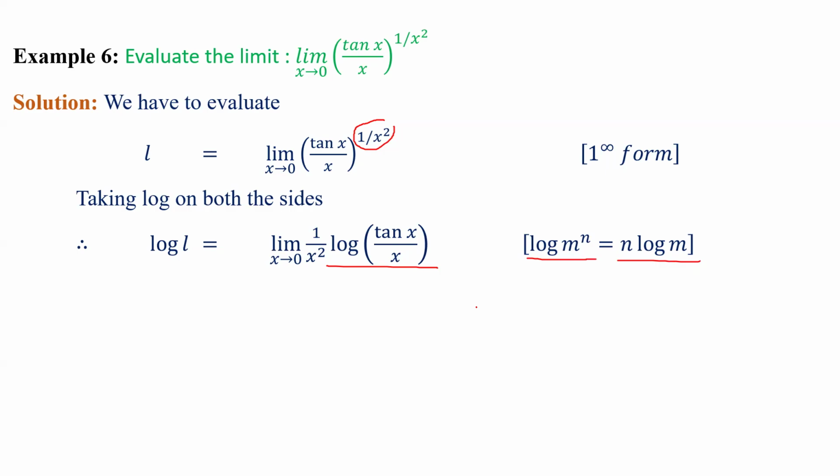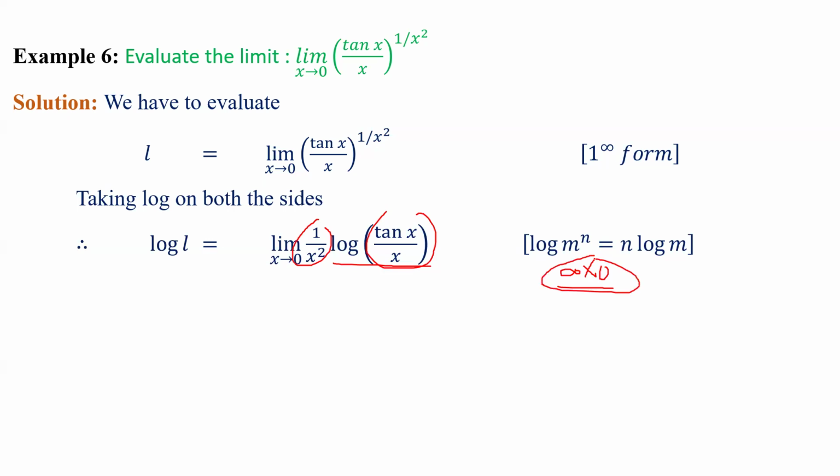Now, if we put the limit once again over here, 1/0 is infinity, and the value of tan x / x is 1, log 1 is 0, so it has the form infinity into 0. We are not able to apply L'Hospital rule if it has the form infinity into 0.